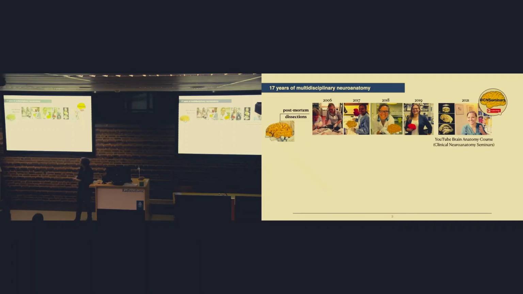Now, what you see here is about 17 years of me trying to understand the human brain. I was very fortunate because I had the possibility to go into the morgue and study the brain in post-mortem dissections. And I became absolutely fascinated by the white matter connections that connect the cortical areas.